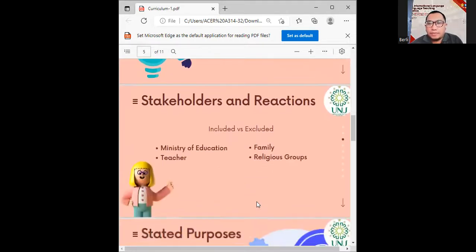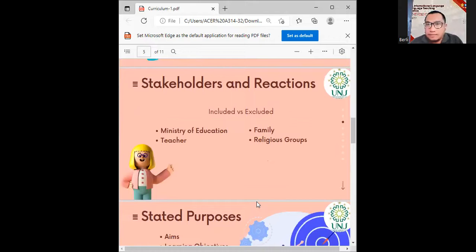Okay, we can start from the stakeholders and their reactions. In developing curriculums, we have some actors. They are included and excluded. Both countries involve the Ministry of Education, teachers, and some practitioners to develop their curriculums.